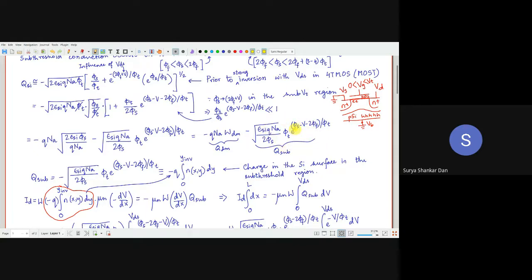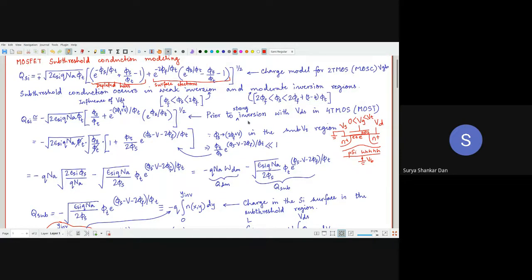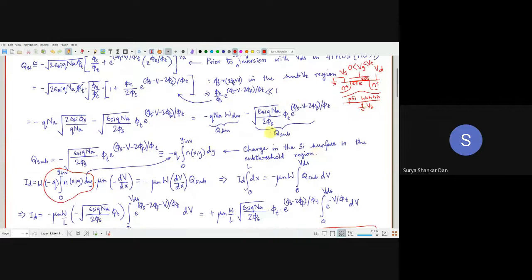If I want an expression for the current in the subthreshold region, I have to find the charges in the subthreshold region. For the last 20 minutes, whatever I have been babbling about is essentially to figure out this amount of charge in the subthreshold region.